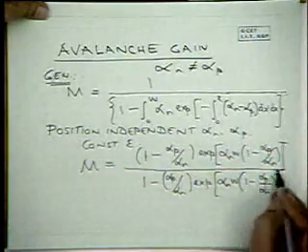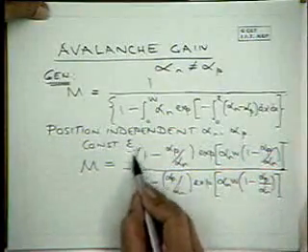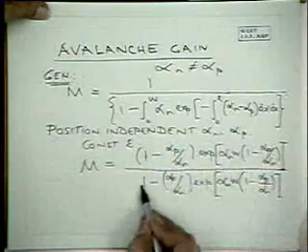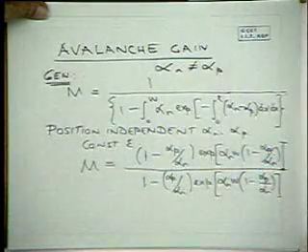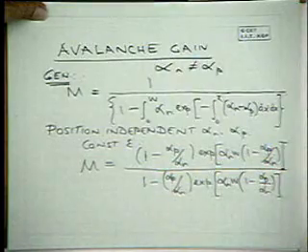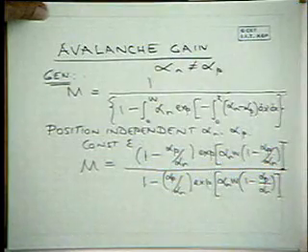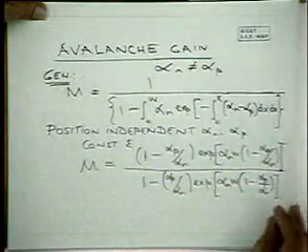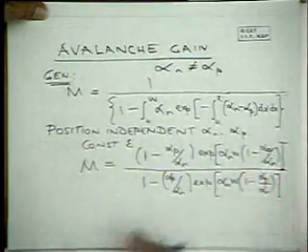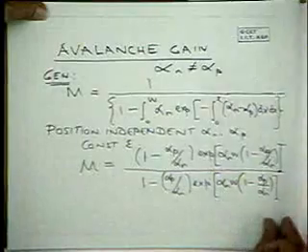The expressions are similar, but here this is 1 minus alpha into the whole thing, and here it's 1 minus this into the whole thing. This is the general condition for a Reed diode of the multiplication factor.